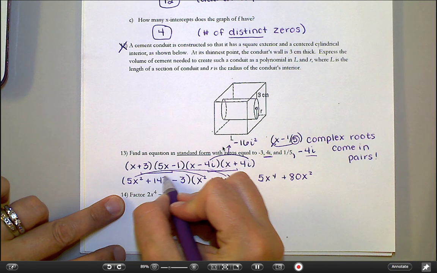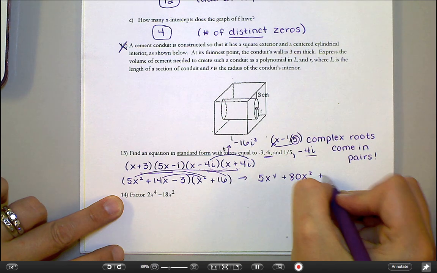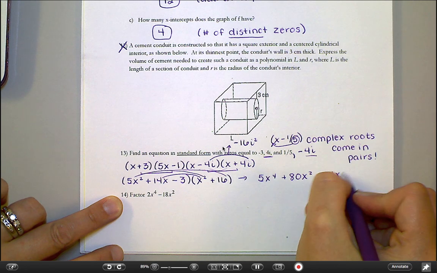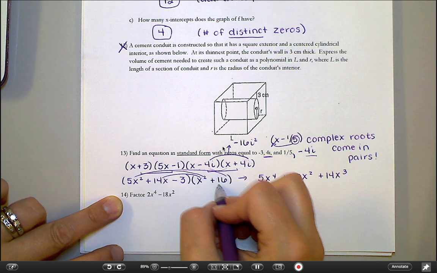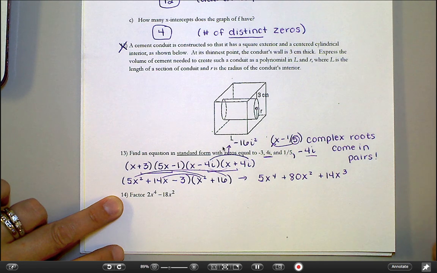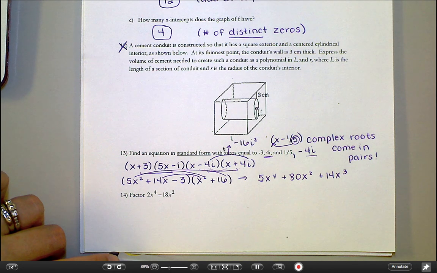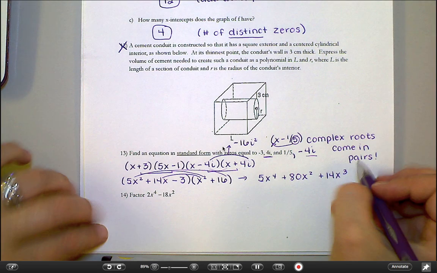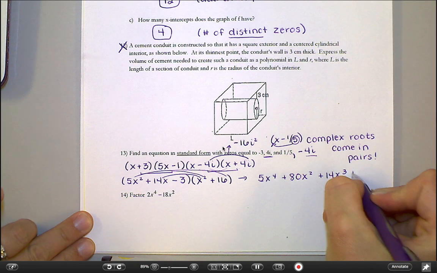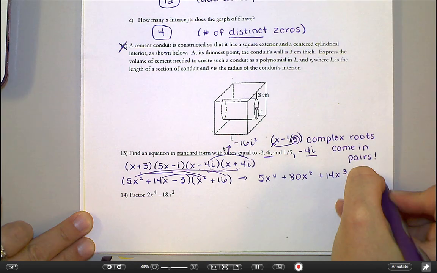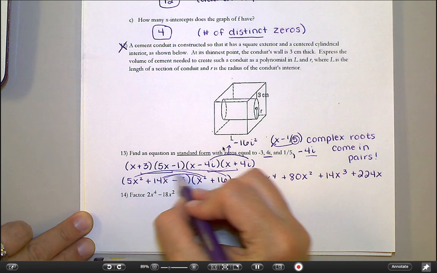Now let's do 14x times x squared, so that's 14x cubed. 14x times 16. Oh, I'm going to need some help with that one. 14 times 16 is 224. Okay, and that would just have an x on it.